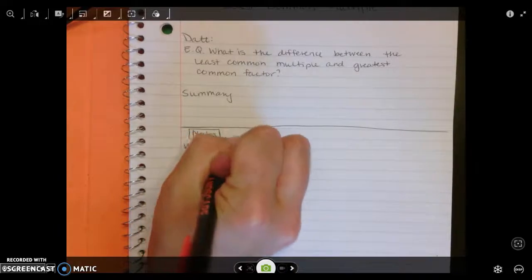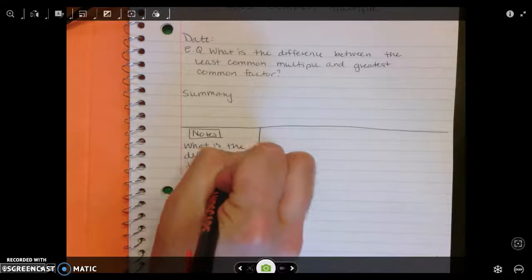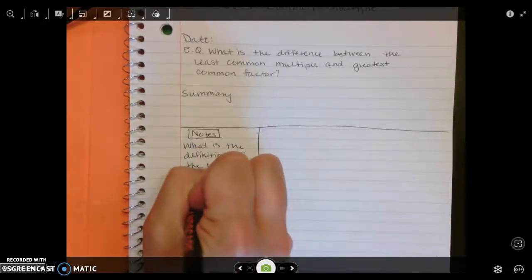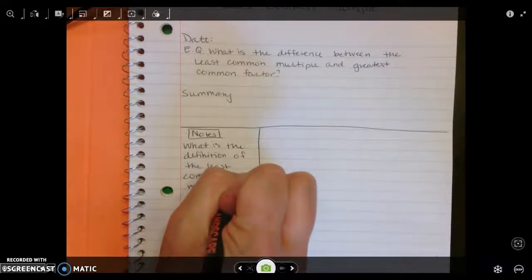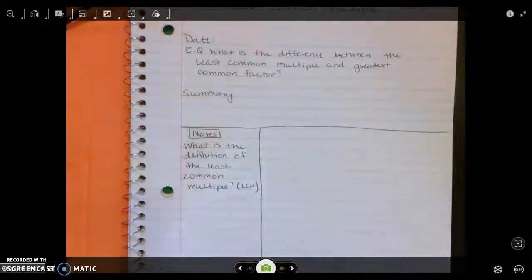of the least common multiple? Sometimes we shorten it with LCM.